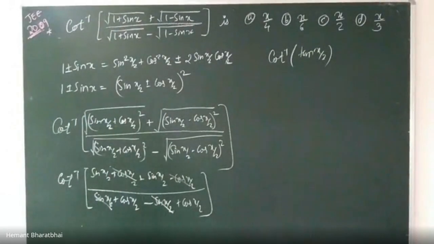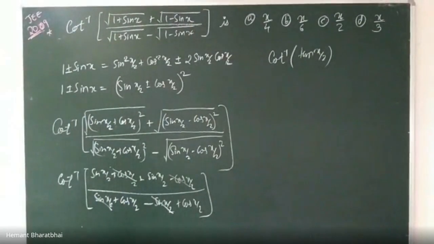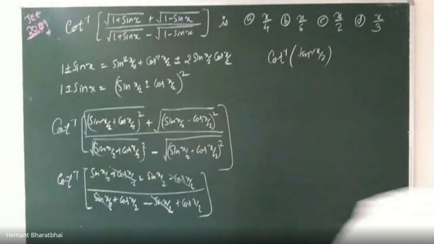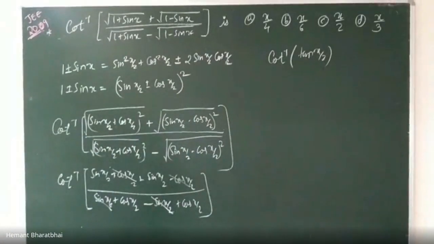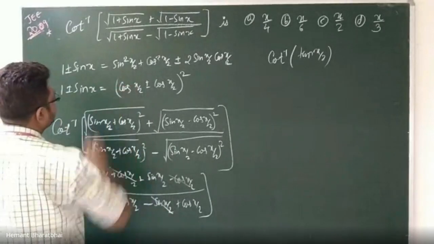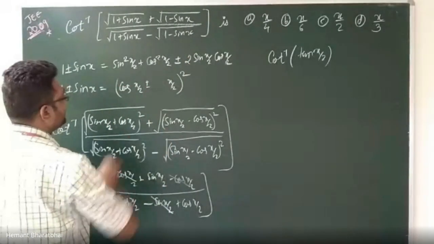Next, how can we proceed? You have almost got the answer. If we are getting tan over here, we could have written it differently, instead of sin x by 2 plus minus cos x by 2, and then it would have become easy. We would have got the answer easily.